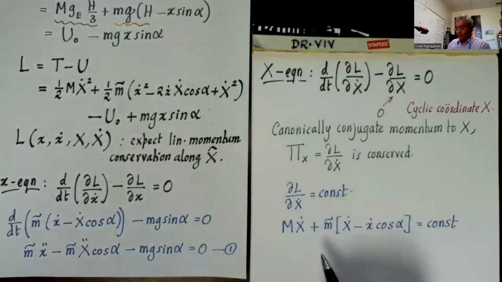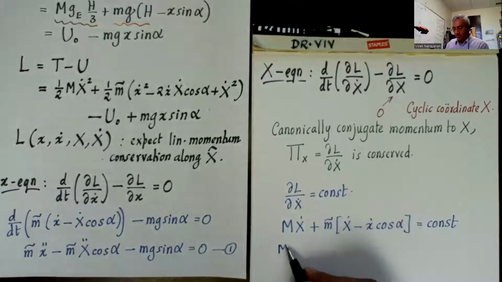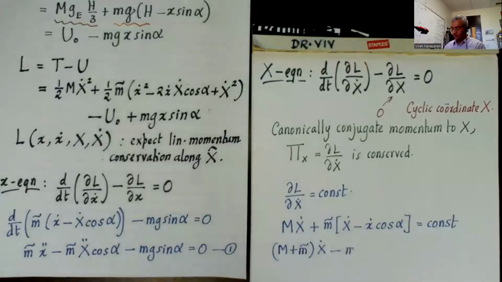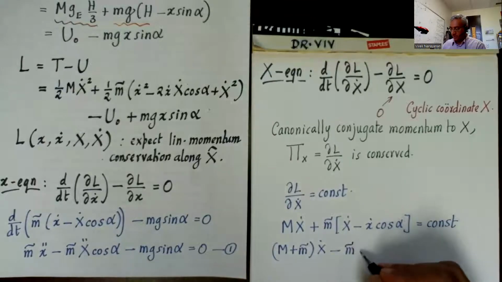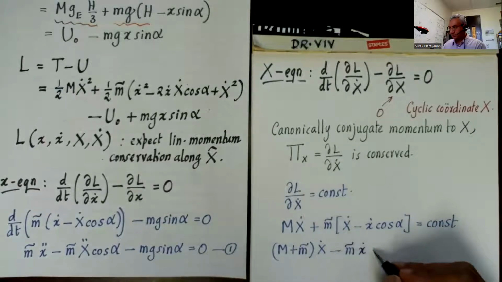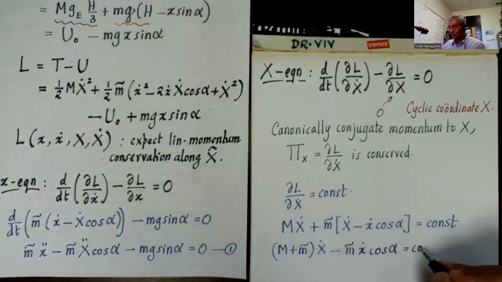So I have capital M plus M tilde, X dot, and then minus M tilde little x dot cosine alpha equals constant.